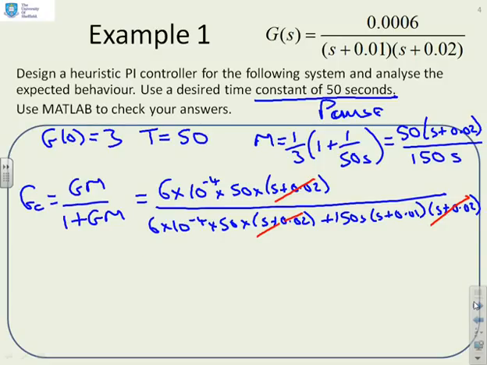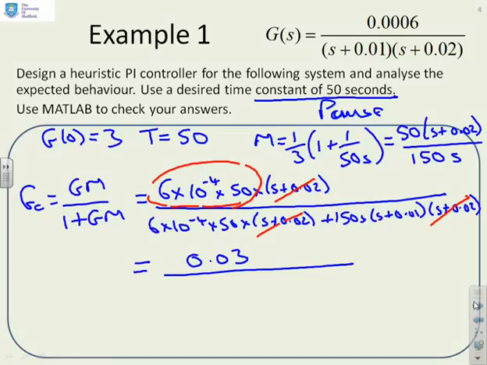So having eliminated that and then multiplying out this term here to make life a little bit easier, you're going to get 0.03 divided by (0.03 plus 150s squared plus 1.5s).